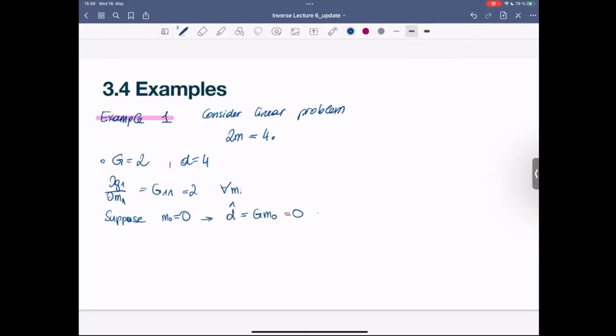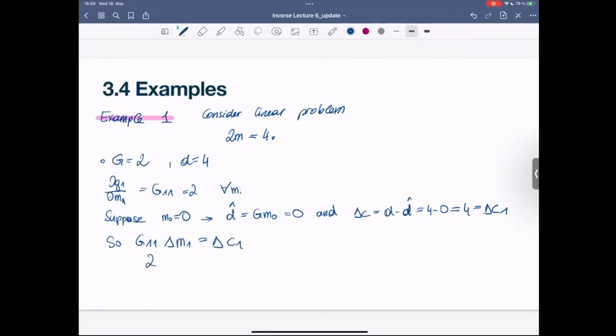We then get that delta C is the difference between the observed and the predicted data, 4 minus 0 equals 4, which is delta C1. So G11 times delta M1 equals delta C1.